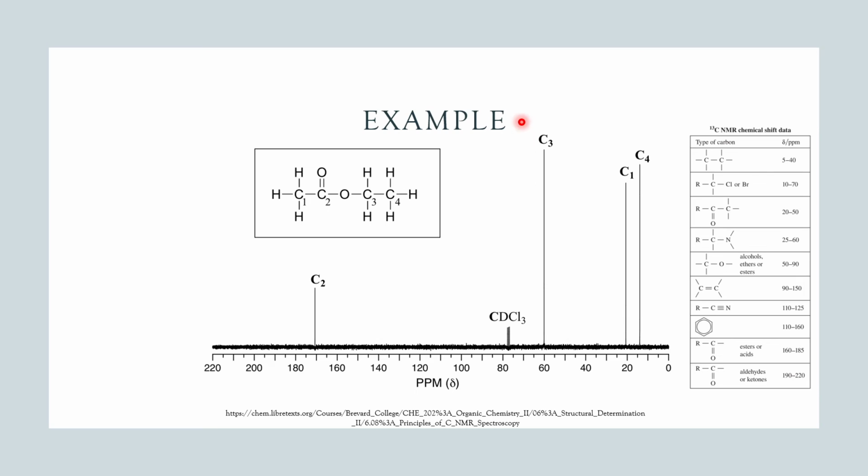For C3, we see a carbon bonded to oxygen, and having a shift of 60 matches the data that's here. Essentially, a carbon bonded to an ester is what we see. And then the last one, C2, is part of a carbonyl group, and we see that its shift matches the data that's down here for our esters. Note as well that the carbonyl groups for esters and acids and aldehydes and ketones are slightly different as well. That's really important to pay close attention to.